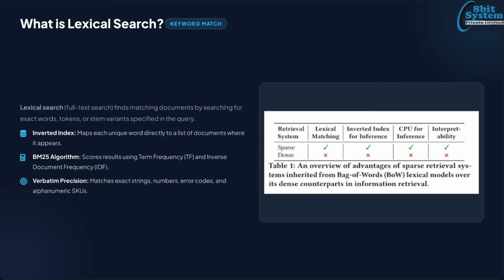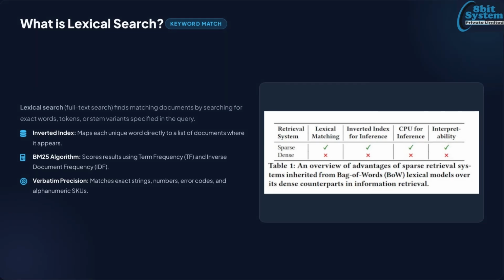The third concept is verbatim precision, which is a major strength of lexical search. It is excellent at matching exact strings, numbers, error codes, and alphanumeric SKUs. For example, if someone searches for an error code like HTTP 404 or a product ID, the user expects to see documents containing those exact values.